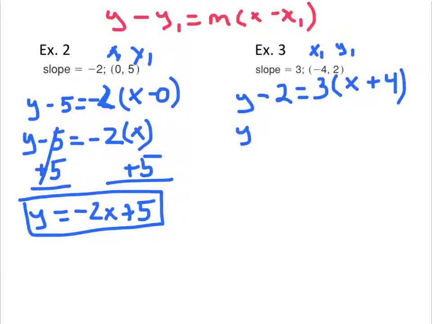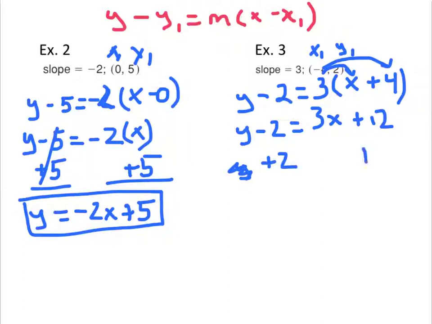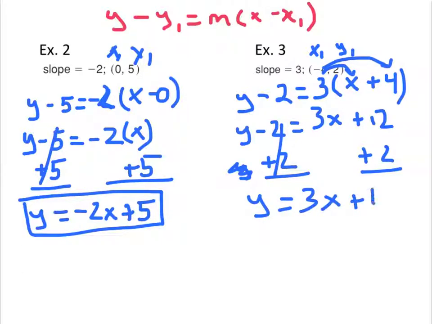Go through and distribute. y minus 2 equals 3x plus 12. So if I add 2 to both sides, these 2's cancel. y equals 3x plus 14. And that's my final answer.